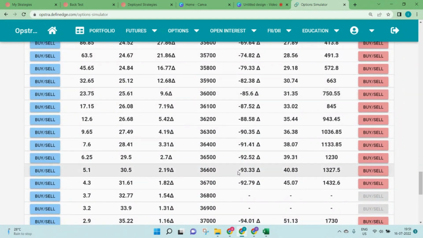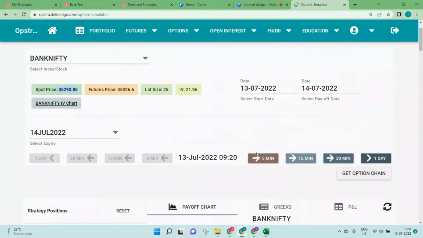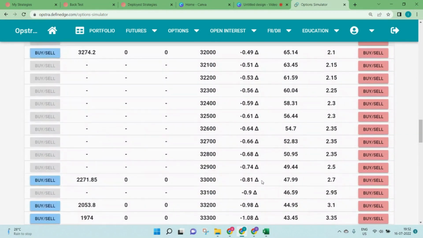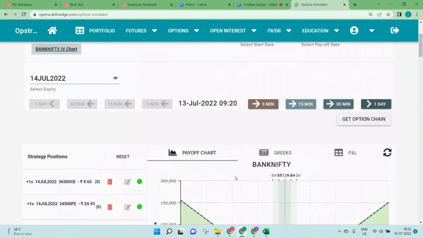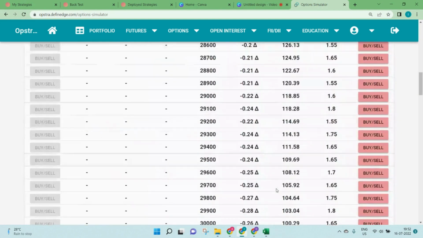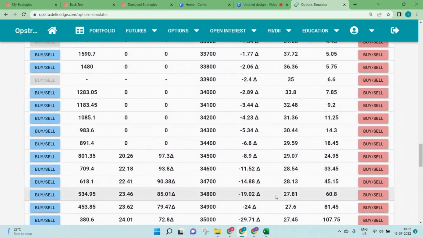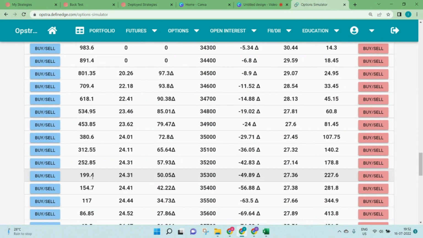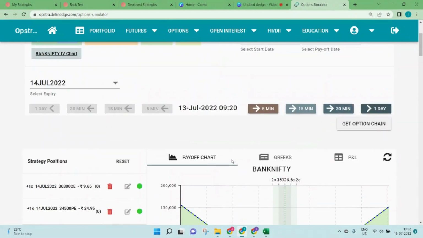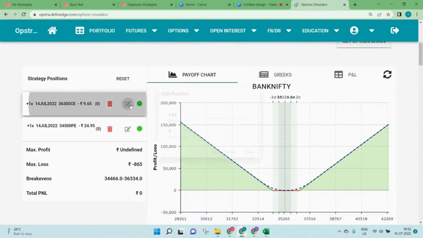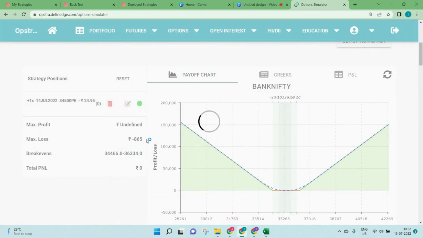And we sell 0.5 delta both sides, so that will be 35,300. I think I have taken premiums, not delta. Let me just delete this and buy it again.